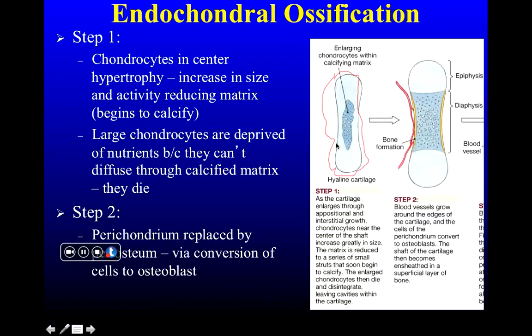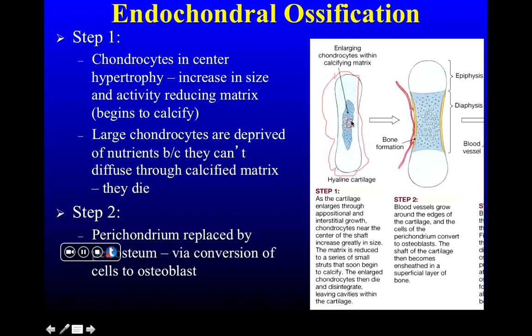The first thing you see is that the center of this cartilage, the chondrocytes in the center, they're changing. Something's happening to them. They're getting really large. You can see here, this is trying to show you that these puppies are getting large. As they're getting larger, their nutrient demand goes up, doesn't it? They're going to need more nutrients.